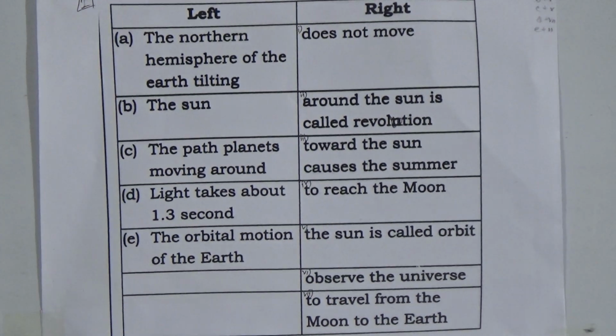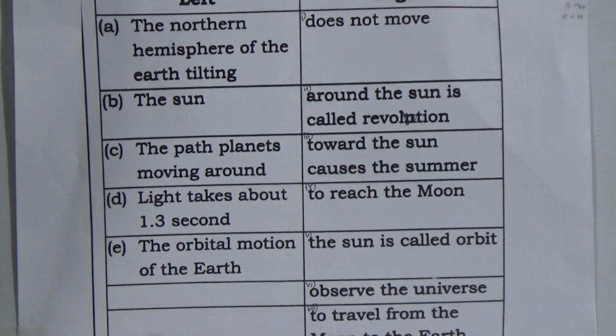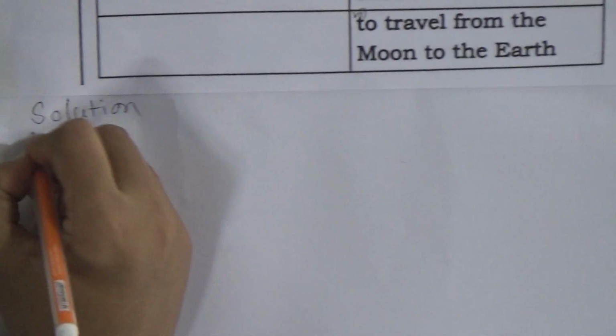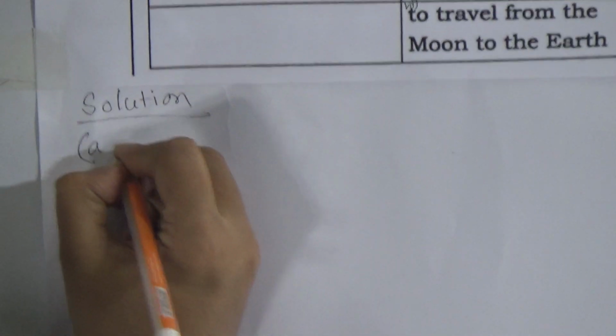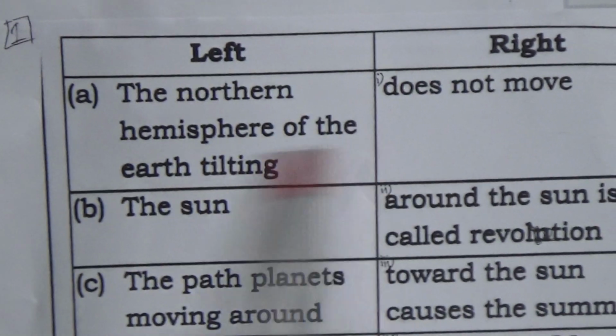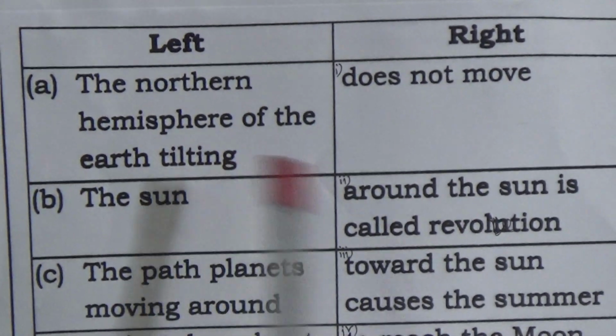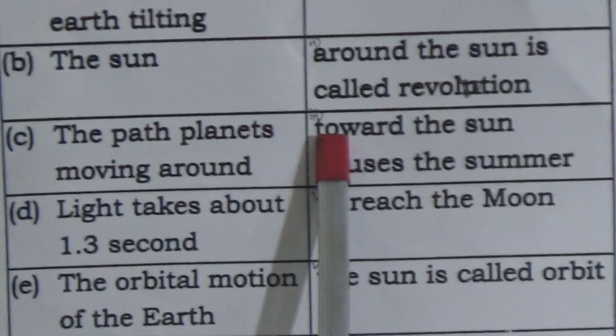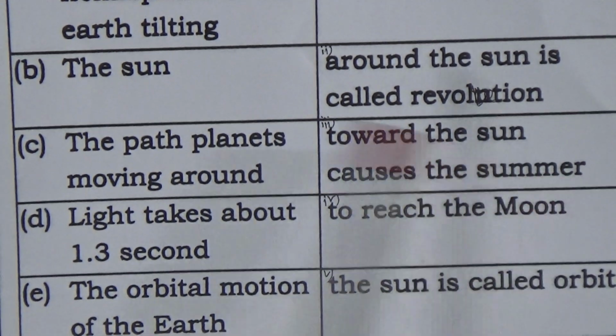Dear students, now we will match it. The solution of matching here: A, the northern hemisphere of the earth tilting, will be matched with number 3, towards the sun causes the summer.